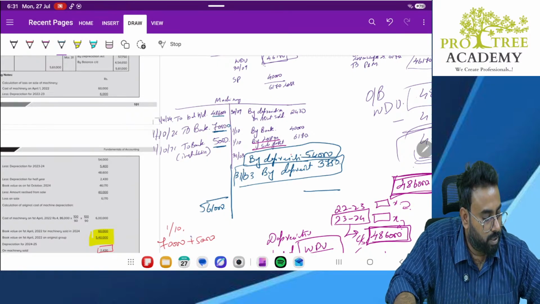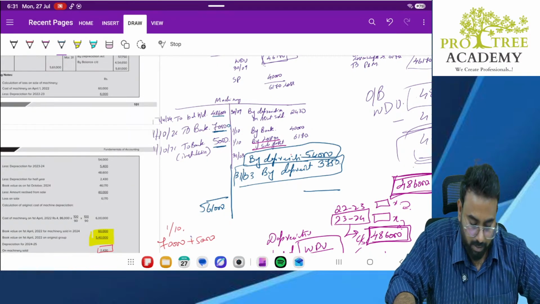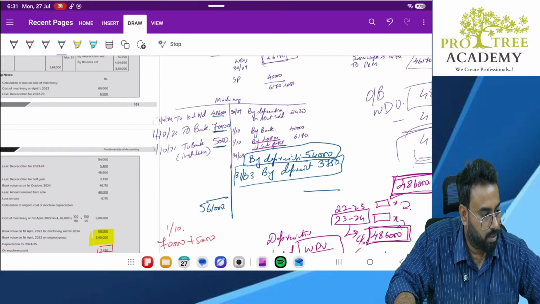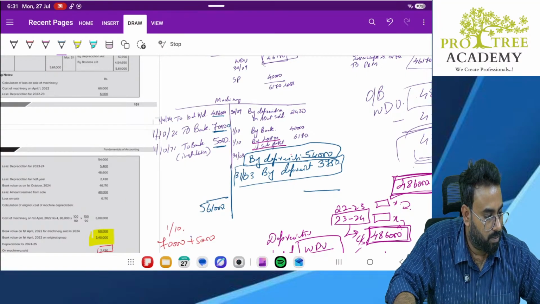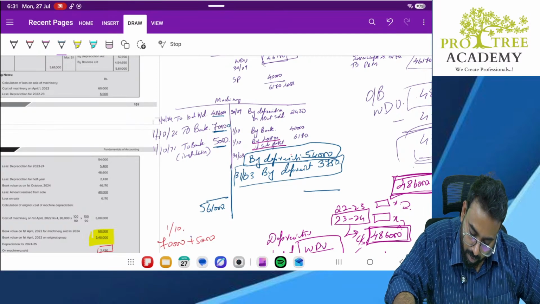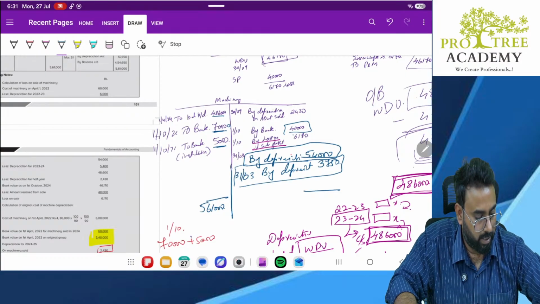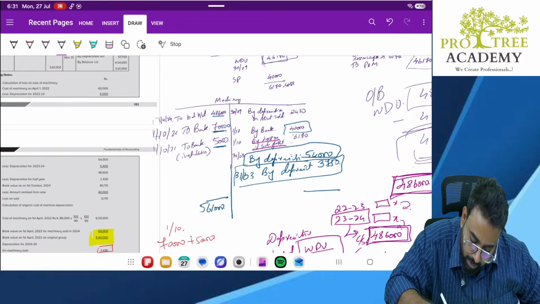Yes. 2,430 plus 40,000. That is the value at which we have sold the asset, plus 6,170.